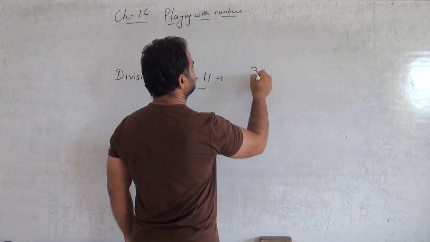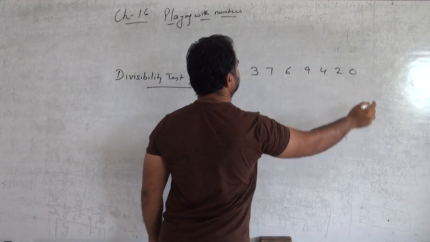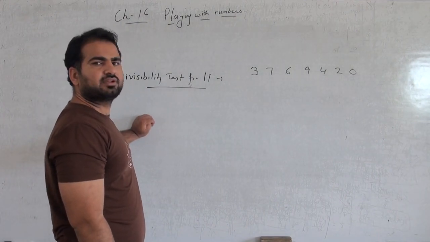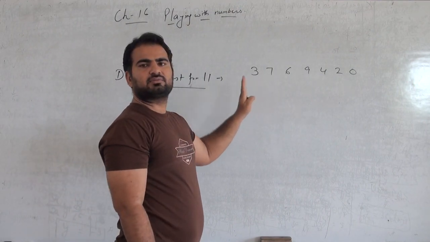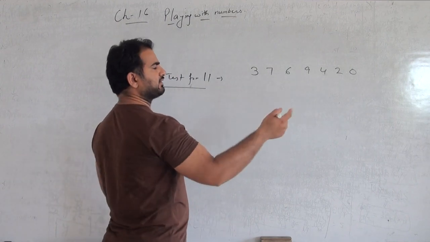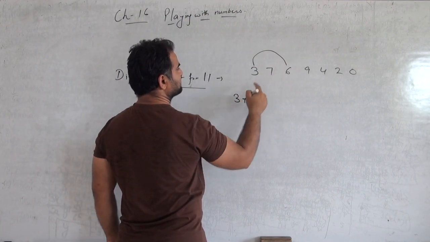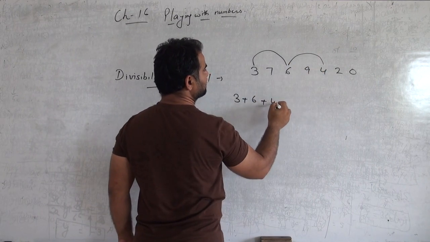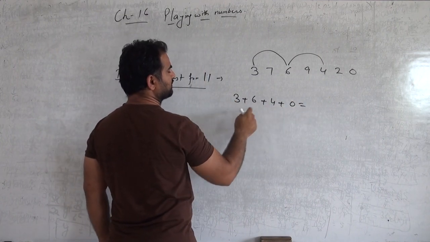Like the number is 3769420. First add alternate numbers, which means one by one. So add the first digit 3, the third digit 6, the fifth digit 4, and the next 0. So the total of 3, 6, 4 and 0 will be 13.